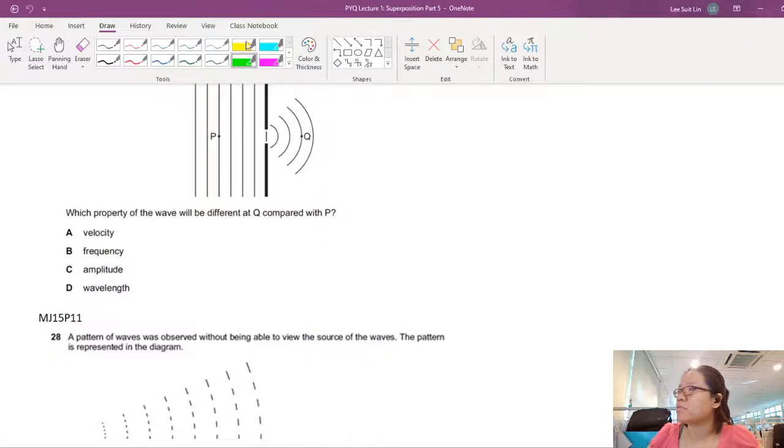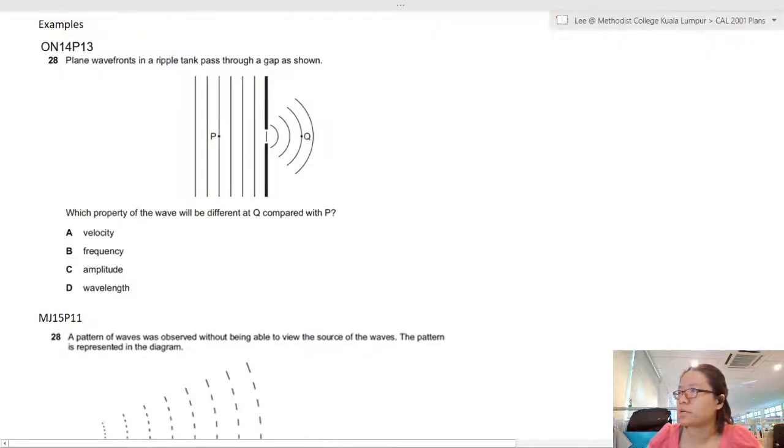The second reason why I say this is because, and I will list this down later for you, you have three wave phenomena. The first one is reflection, not covered in the syllabus because when you were young, we talked a lot about this already. The second one is refraction.